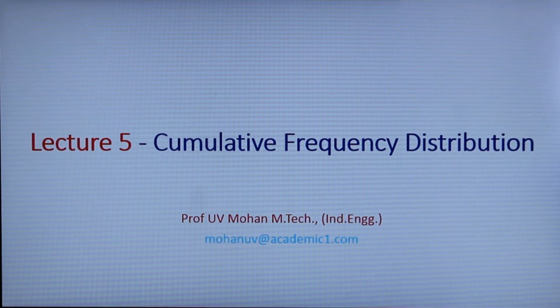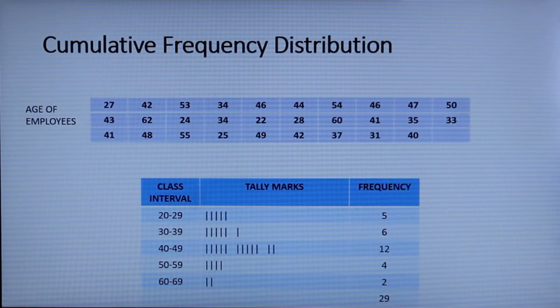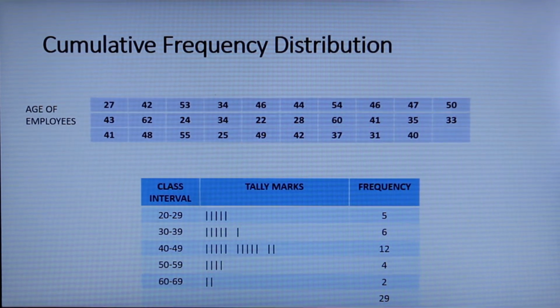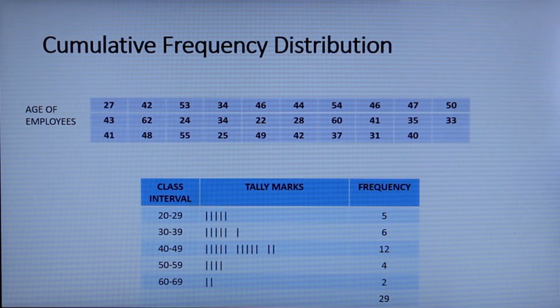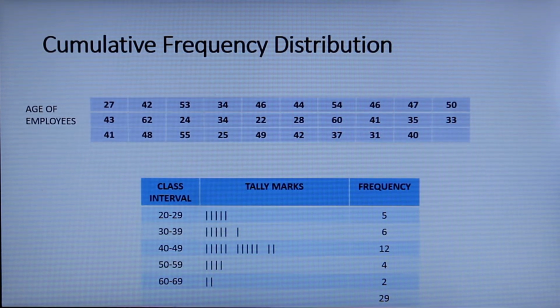Now let us understand how we build a cumulative frequency distribution. In the last session, we saw the age of employees in an organization, and this is the replication of the data. Now let's move on to how to build a cumulative frequency distribution.